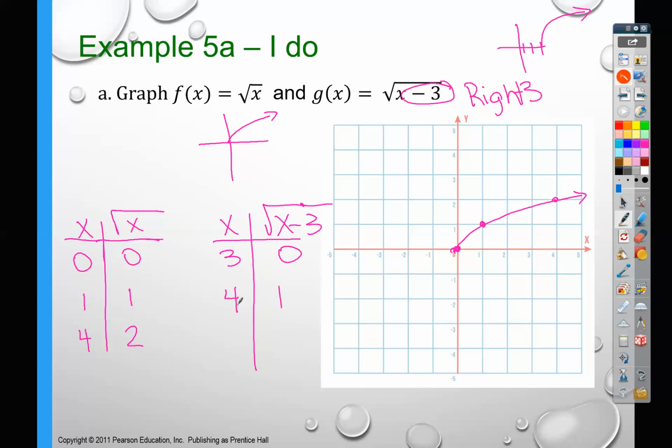And let's say if I did 7, 7 minus 3 is 4, the square root of 4 is 2. So I'd have 7, 2, that's not even on the graph, but I can show you what these would look like. So it would start off like this. So you can see that it's shifting to the right 3.